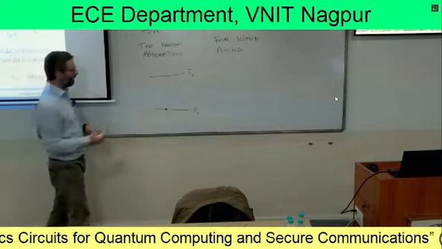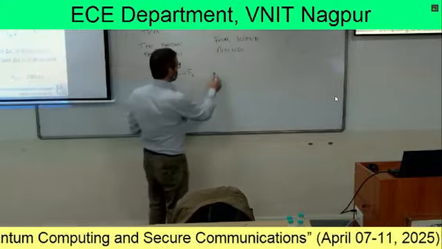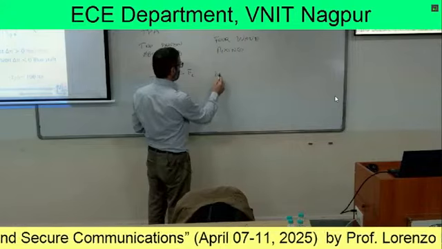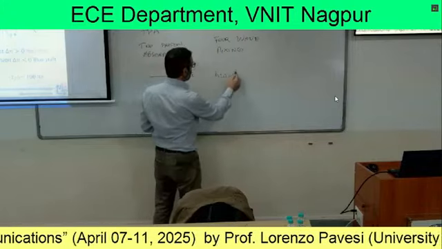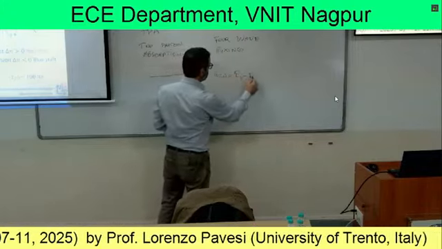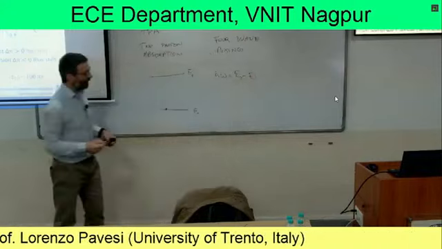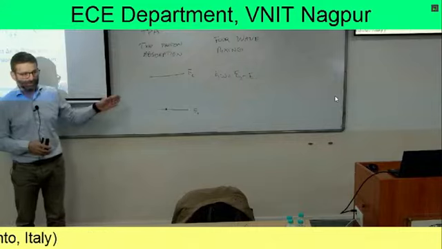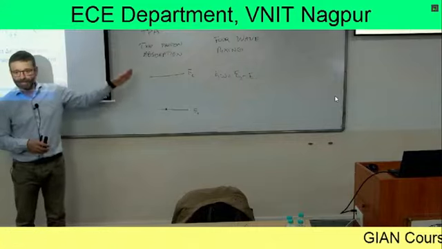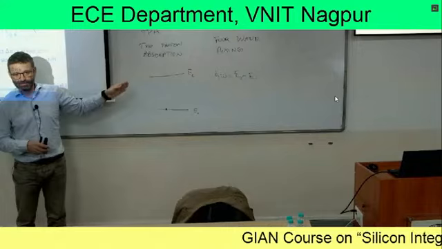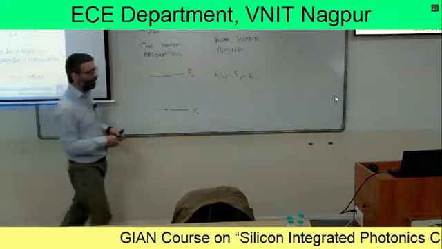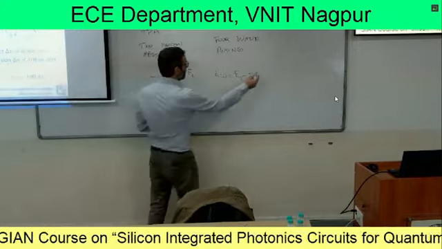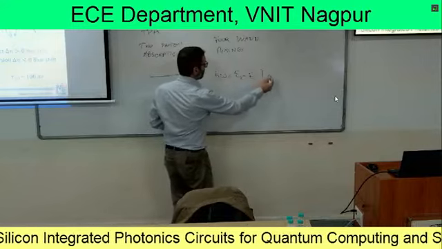Typically, since you have to conserve the energy, the energy of the photon should be equal to the energy difference between the two levels. This is standard linear absorption.